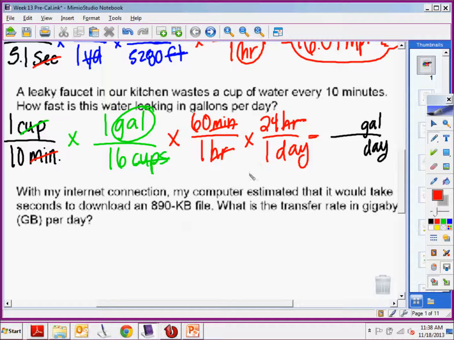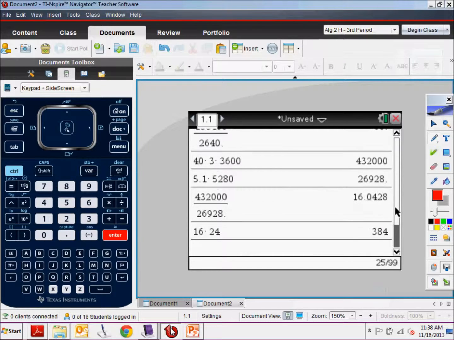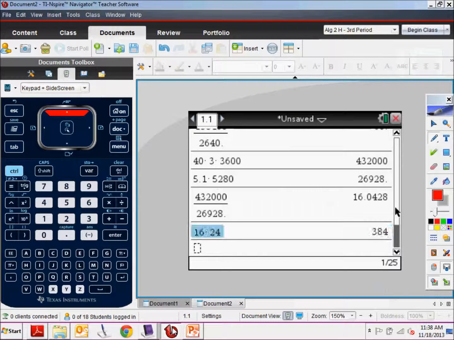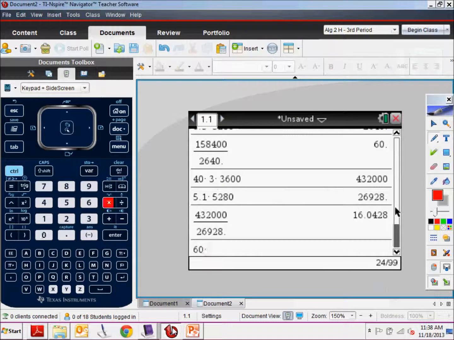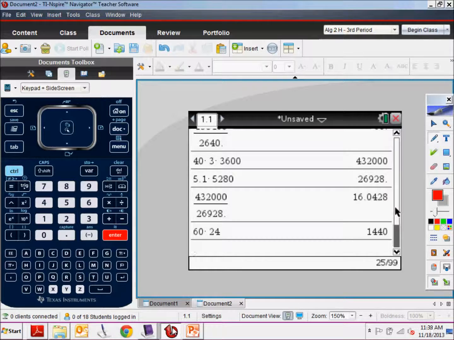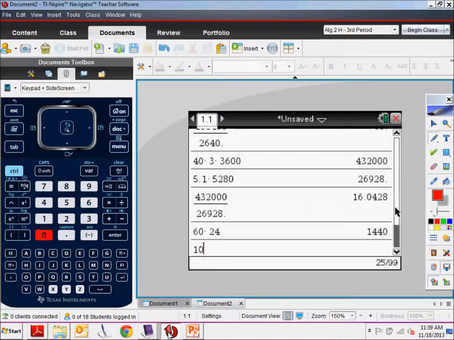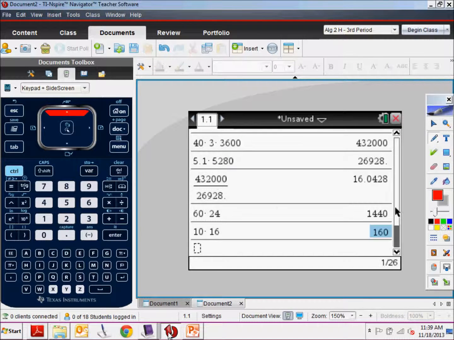Okay, so I'm going to do 60 times 24, and then I'm going to do 10 times 16, and then I'm going to divide.